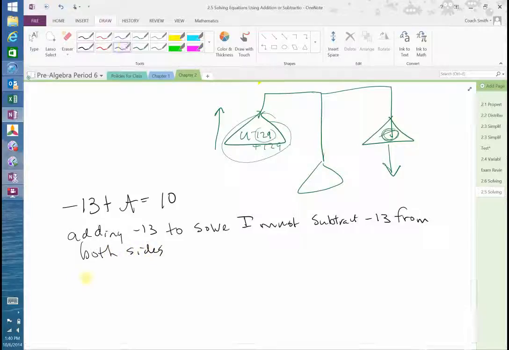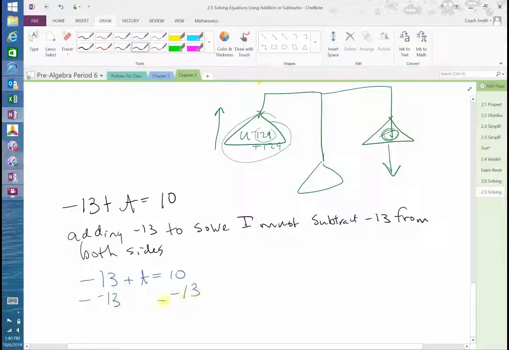Okay, I'm going to rewrite the equation. So I've got to subtract negative 13 from both sides. Over here, it cancels.